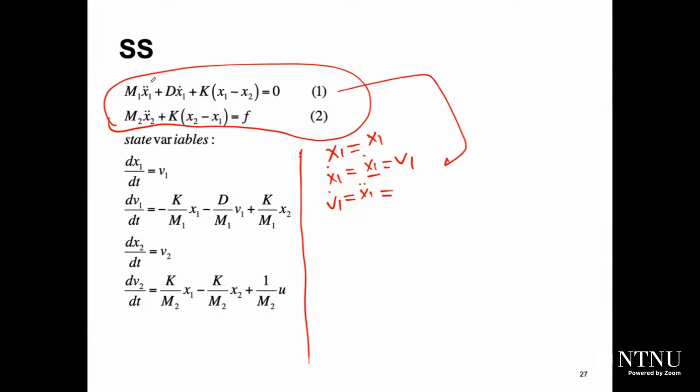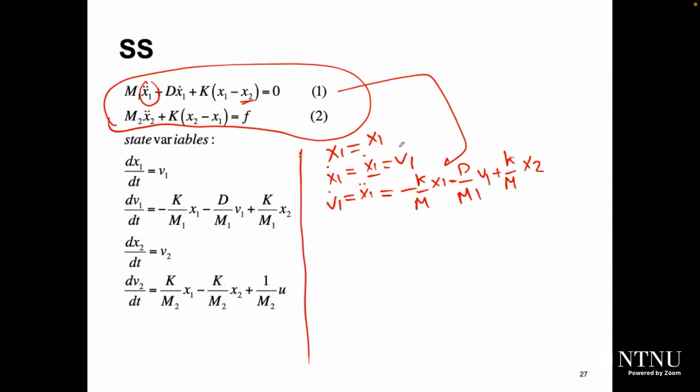I need x1 double dot, so it will be minus k divided by m1 multiplied by x1, because this is one of my states, plus k divided by m1 multiplied by x2, minus d divided by m1 multiplied by x1 dot. What is x1 dot? It's v1. So this will be my equation.